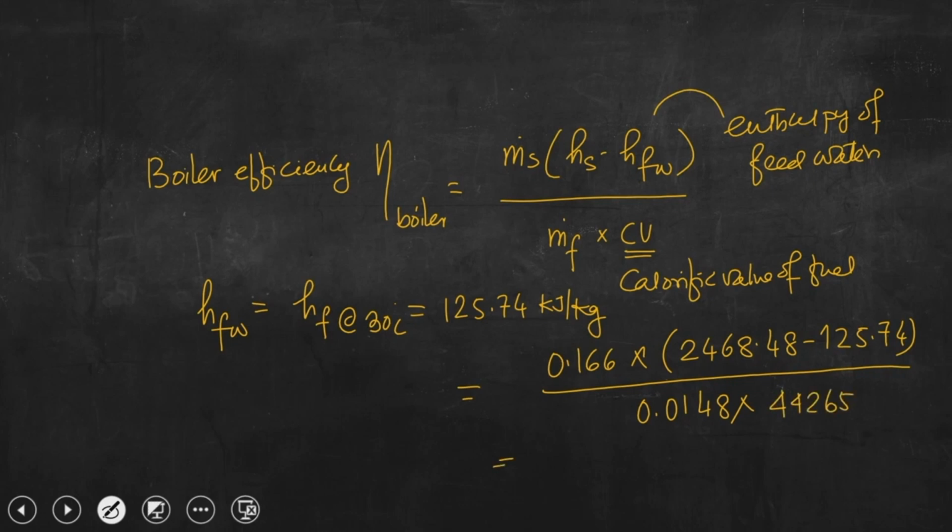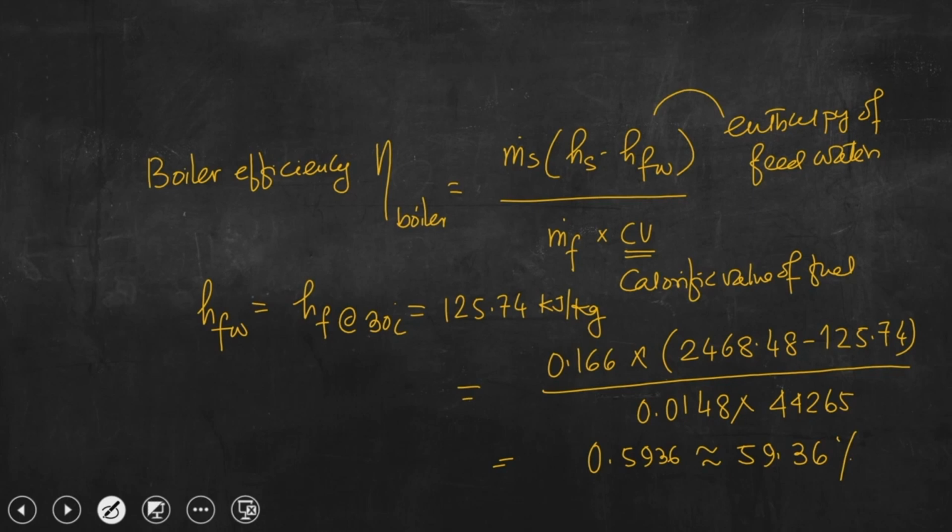If we calculate it, we get efficiency equal to 0.5936, that is 59.36%, right. So, this is the efficiency of the boiler.